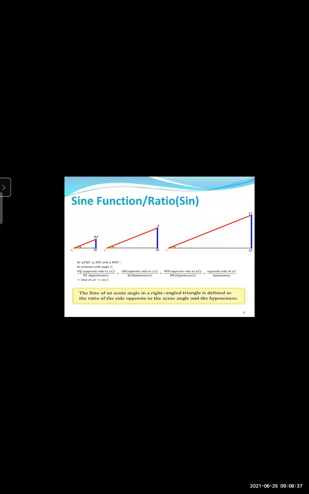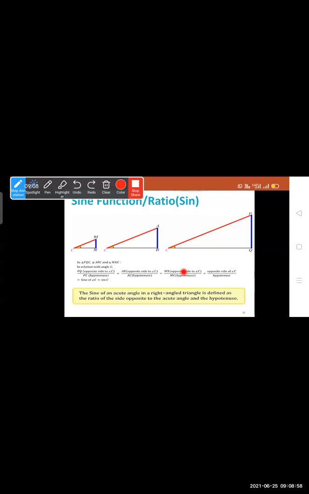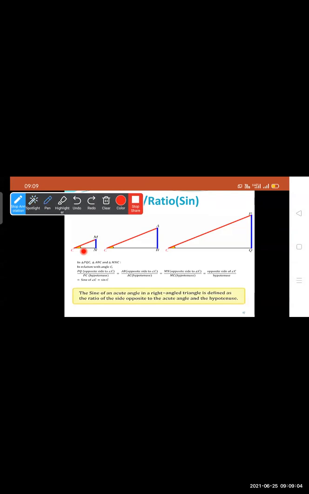See in the figure, in triangle PQC, the larger one, and triangles ABC and MNC. In relation with angle C, this one is the angle. Here C is the angle.